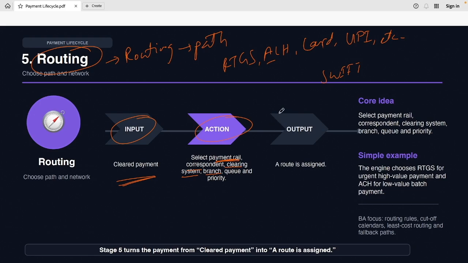For example, suppose a customer makes an urgent high value domestic payment. The routing engine may select RTGS. For a group of lower value, non-urgent payments, the routing engine may select ACH, automated clearing house. These are simplified examples for understanding. Actual routing rules depend on multiple factors, for example, country, scheme, and bank configuration.